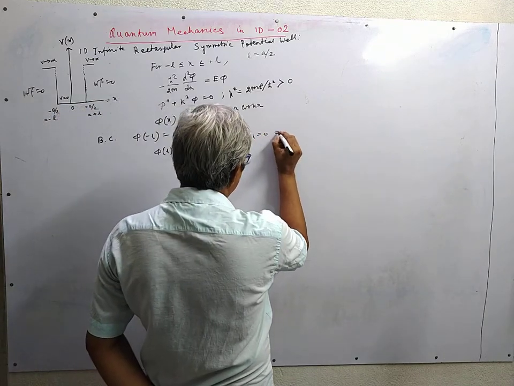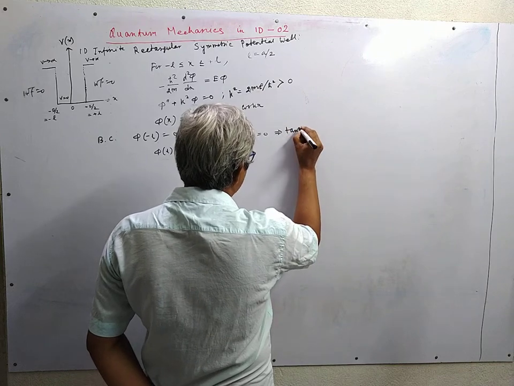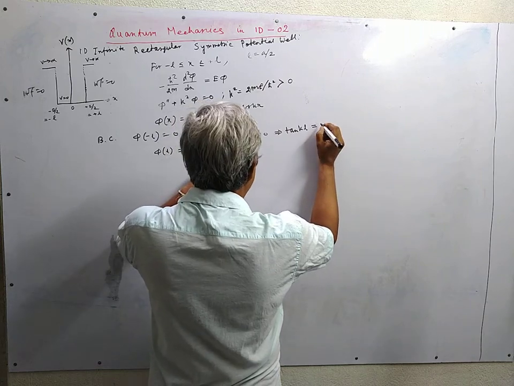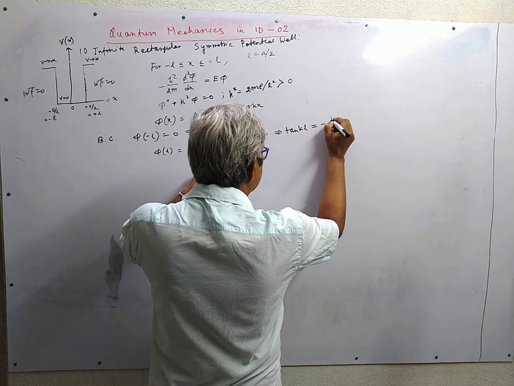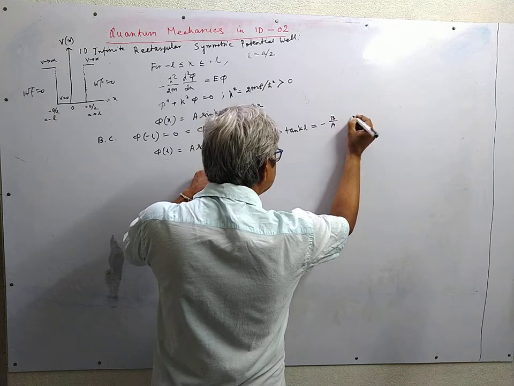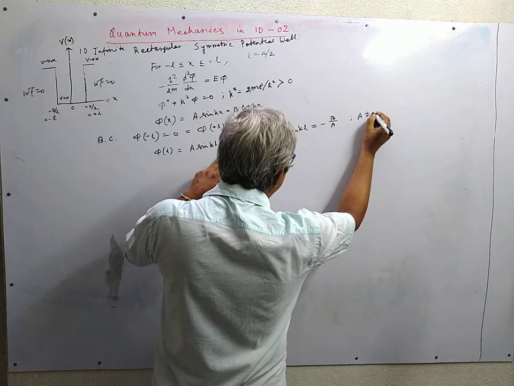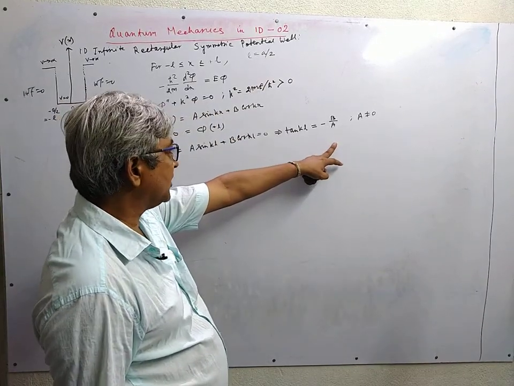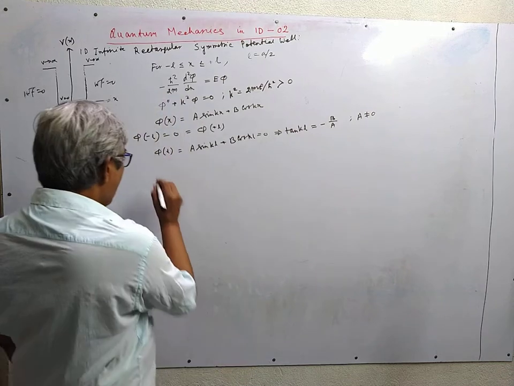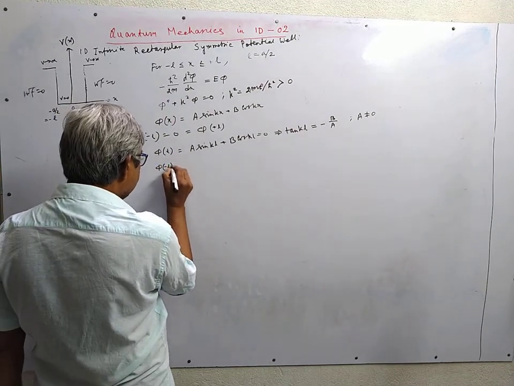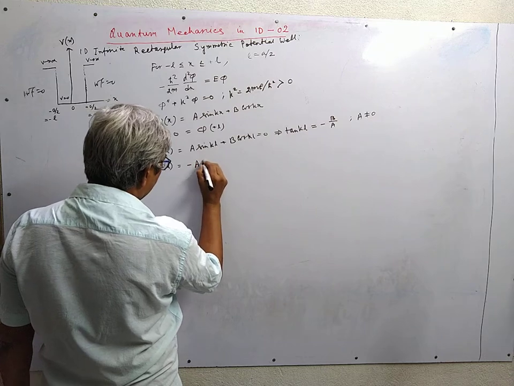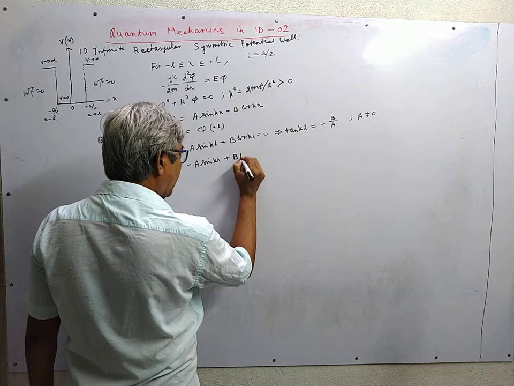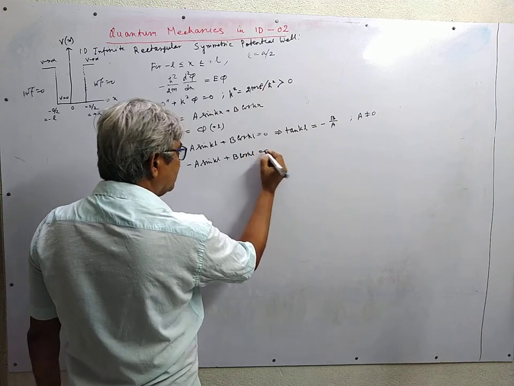That gives you tan of KL is equal to minus B by A, with the assumption that A is not equal to 0. Whenever we are dividing a quantity by something, it is assumed that it is not 0. And phi at minus L is equal to minus A sine KL plus B cos KL is equal to 0.